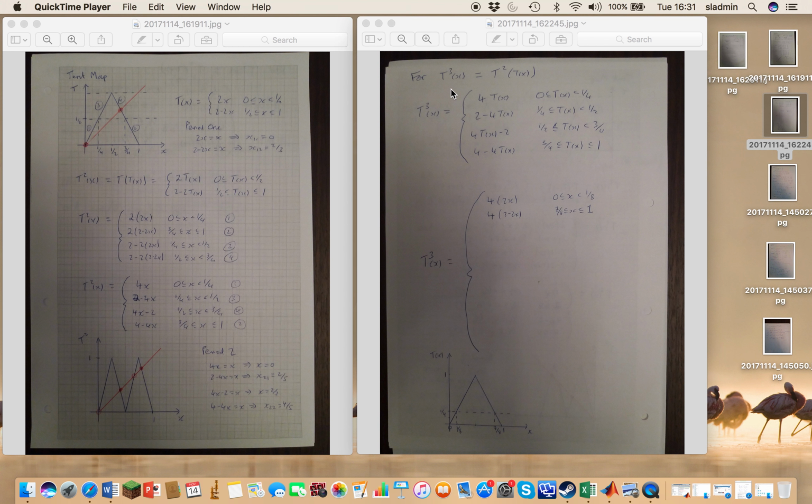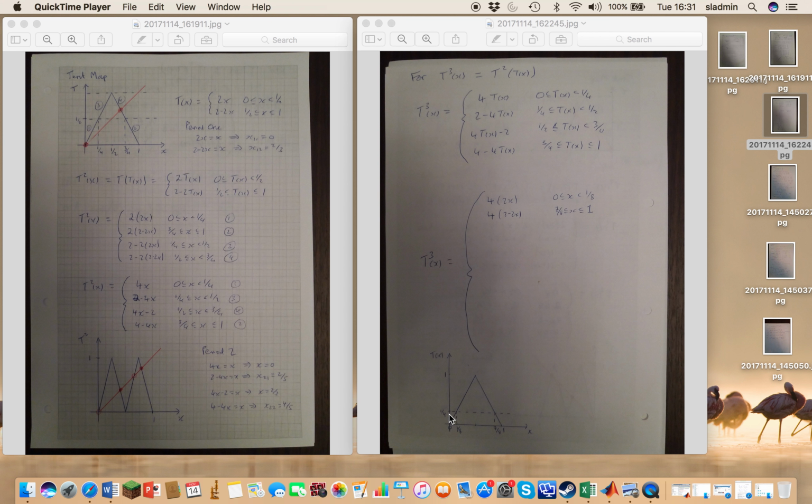For period 3, we want T cubed, which is the same as T squared of T of x. So now we apply T squared of T of x. Here's our T squared. So wherever you have x, you replace it with T of x, which is given there. And I'll just do this top equation for you. When T of x is between 0 and 1/4, then we're on this branch here.